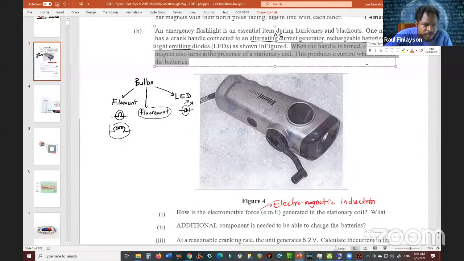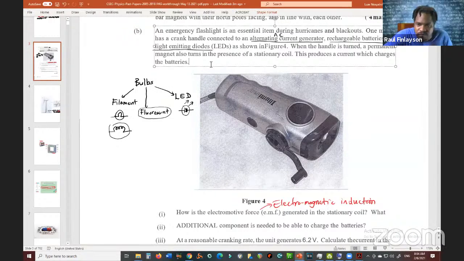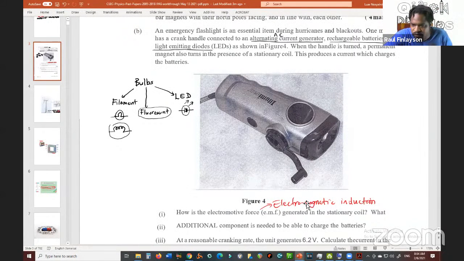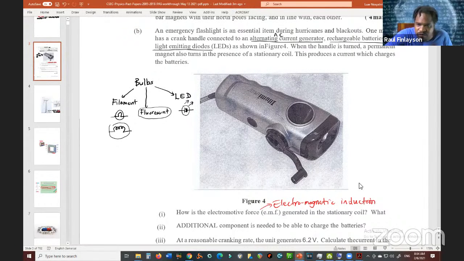Yes, they'll accept it. But electromagnetic is the more common term because they want to say that the magnetism is produced from the electricity. But that's okay. Induction would give it a mark, even if you didn't put anything before it.